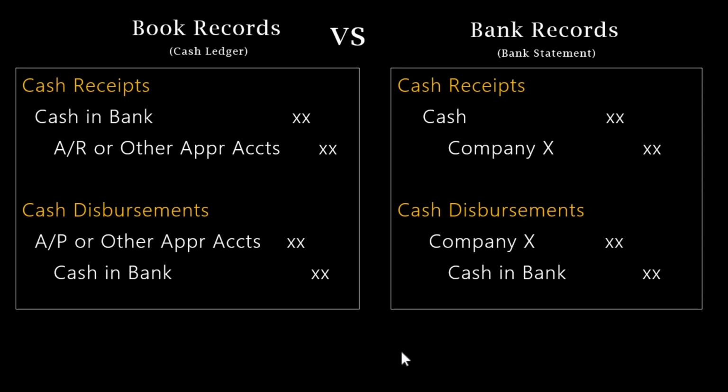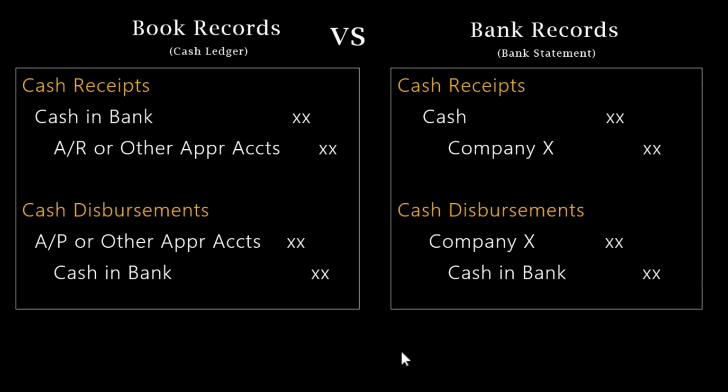So, ano nga ba yung imprest system? Lahat ng collections ng company, dapat i-deposit intact sa bangko. And then, lahat ng withdrawals, lahat ng disbursements ng company, dapat i-course through issuance of check.